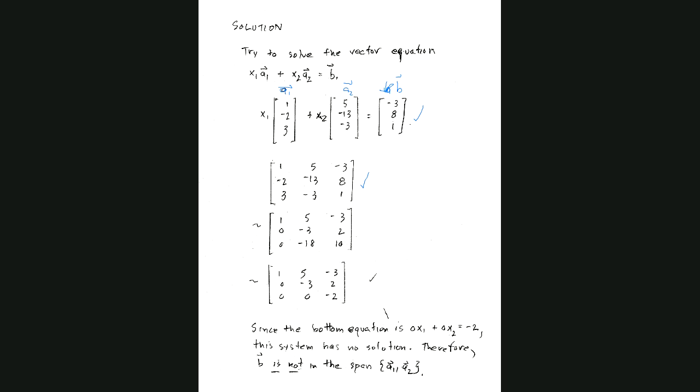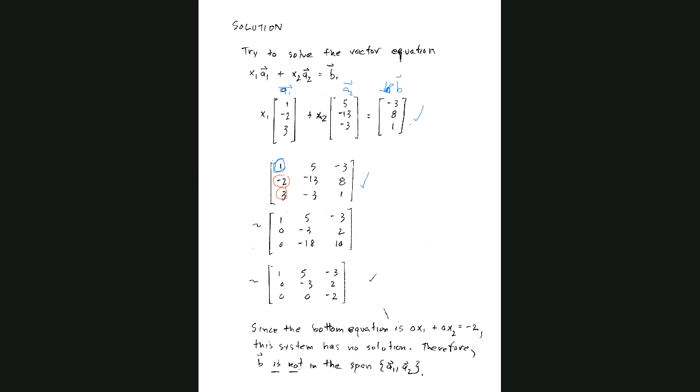All right, so what's that one called again? That's a pivot. Good, and we'll use pivots to produce zeros below it. So what did we do?